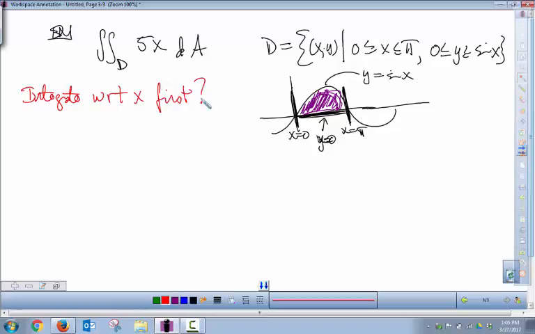So would there be an issue if I integrate with respect to x first? So here's what you do. Whatever you want to integrate with respect to first, draw a line parallel to the axis.